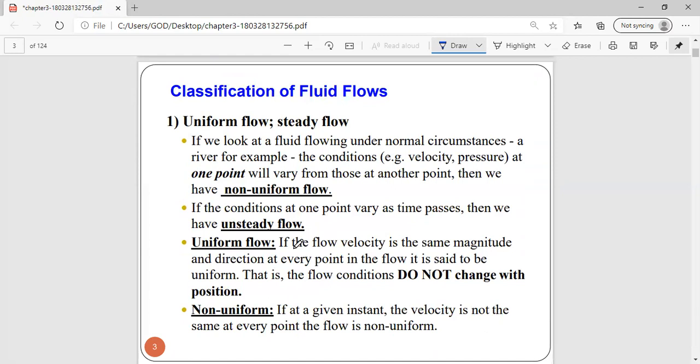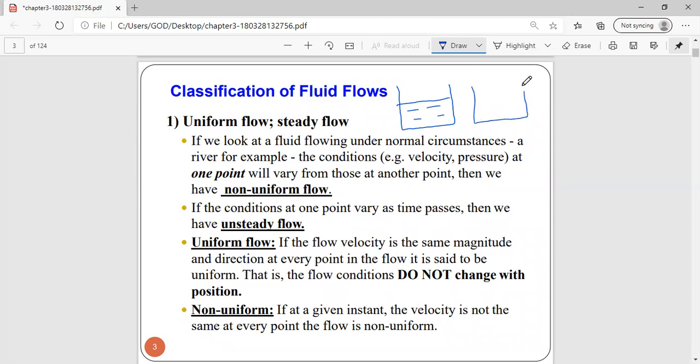Coming to fluid flows, why do we need to study them? That is the first important general question everyone will have, because fluid behavior is not the same in all instances. I'll tell you a simple example. I have a bucket of water which is stationary, no force is applied.